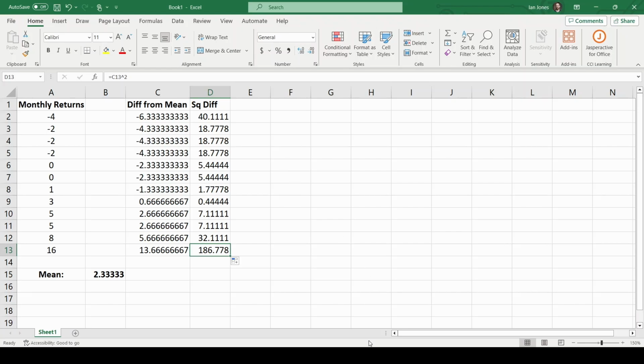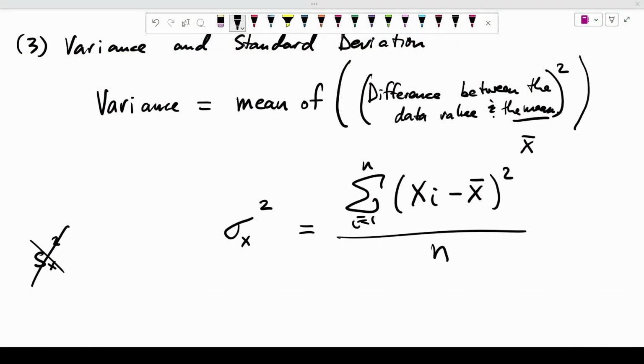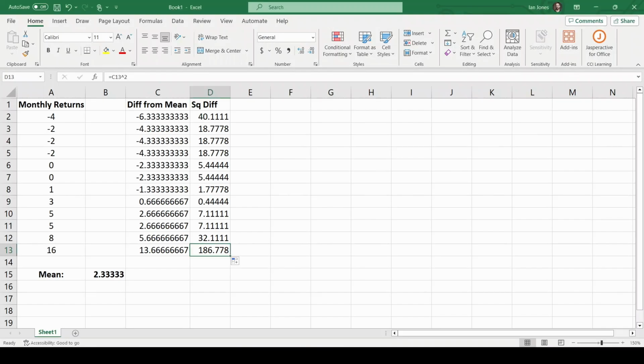Okay, so we've got our differences from the mean, and we've got our squared differences. Now what we need to do is get the average of all of these values. Add them all up and divide by how many of them there are. So I can just come right here. Maybe I'll put variance here. I'll make it go to the right to look at the value that I'm about to compute.